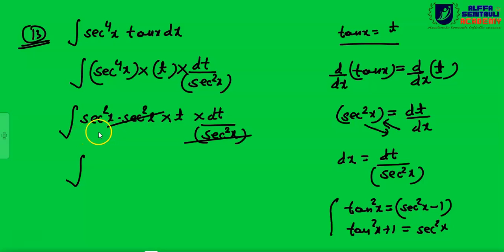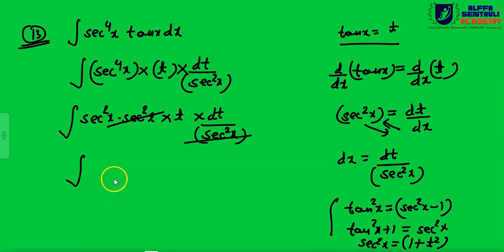Here sec square x was in terms of the x variable, but we have changed the variable through the method of substitution. Now the variable should be t and the function should also be of t, right? So we have to replace this sec square x in terms of tan square x. So this sec square x can be written as 1 plus tan square x, and in place of tan x I can write t. So this will become 1 plus t square, correct or not?